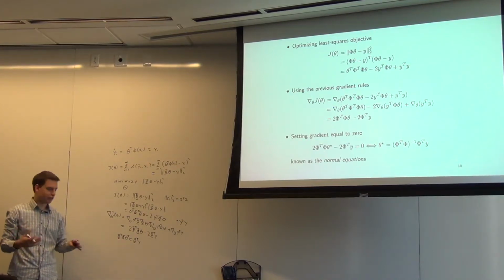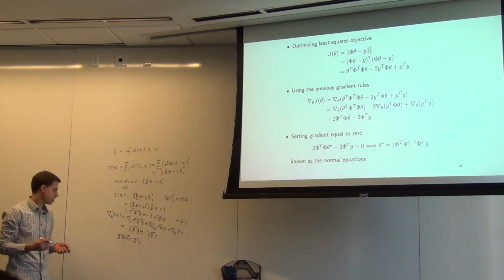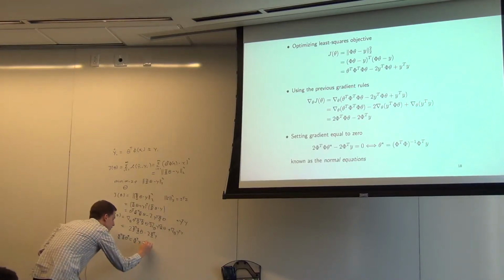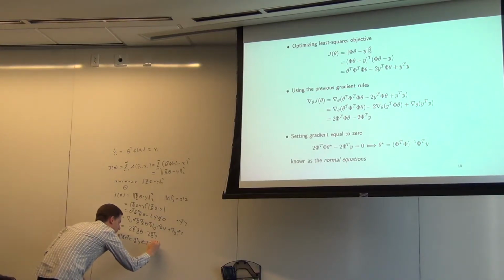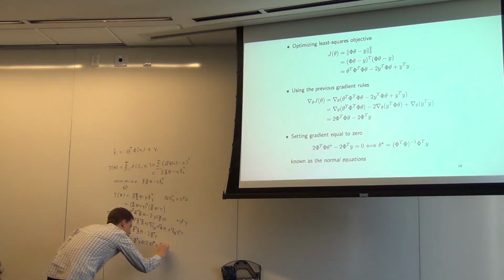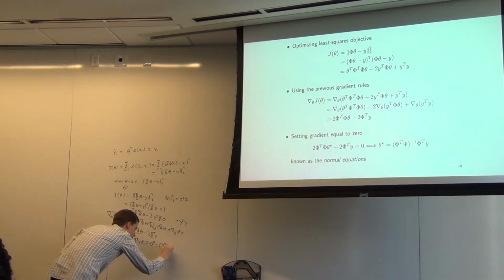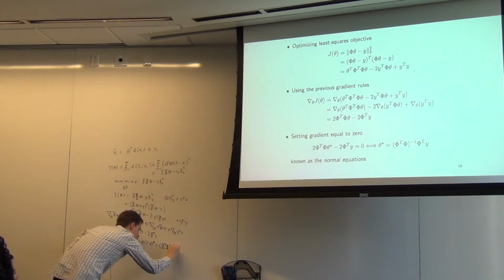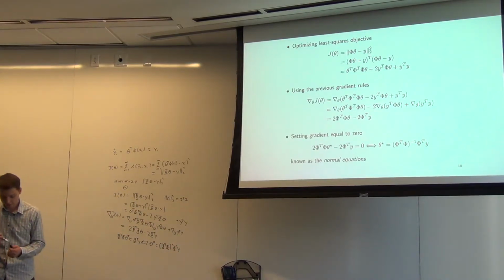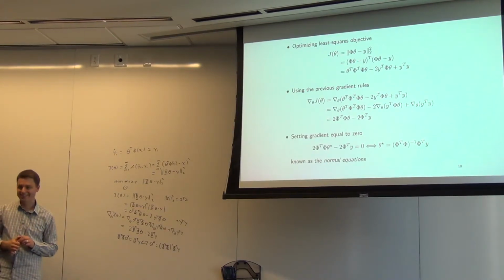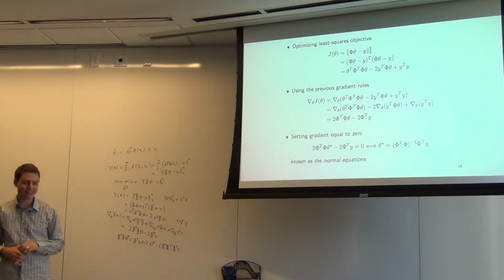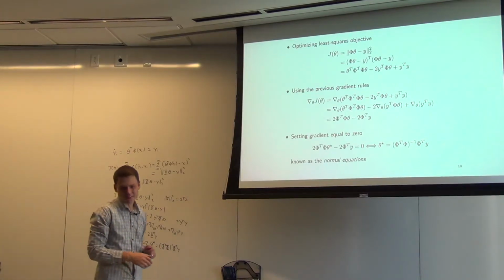But the equivalent thing is multiplying by the inverse. So this is the same thing as saying theta star equals phi transpose phi inverse phi transpose y. Okay, we're done. That's it, I promise, for today at least, in terms of the math.